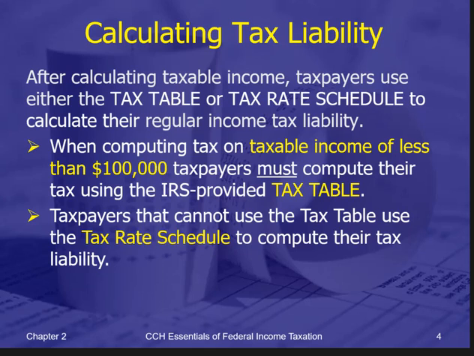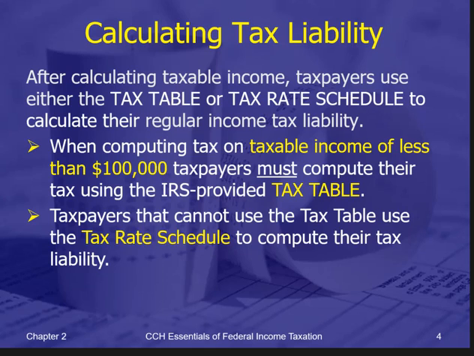If your taxable income is under $100,000, then you use the tax table. And if it's over, you use the tax rate schedule. As simple as that. The tax rate schedule takes a little bit more work, but both of them work. But the tax table only goes up to $100,000.